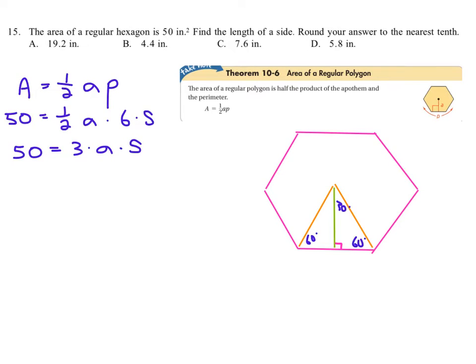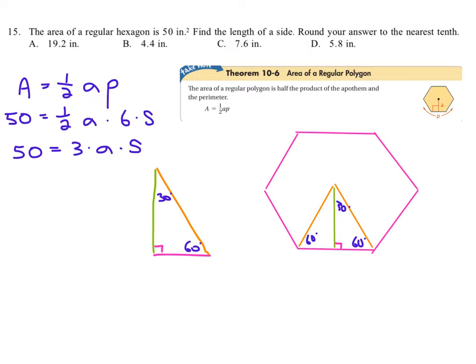So now what we've got is this 30, 60, 90 triangle that essentially is a section of my drawing down there. You can see that's this. Now let's fill in the numbers we know. That's 30, that's 60, and a right angle there for 90.